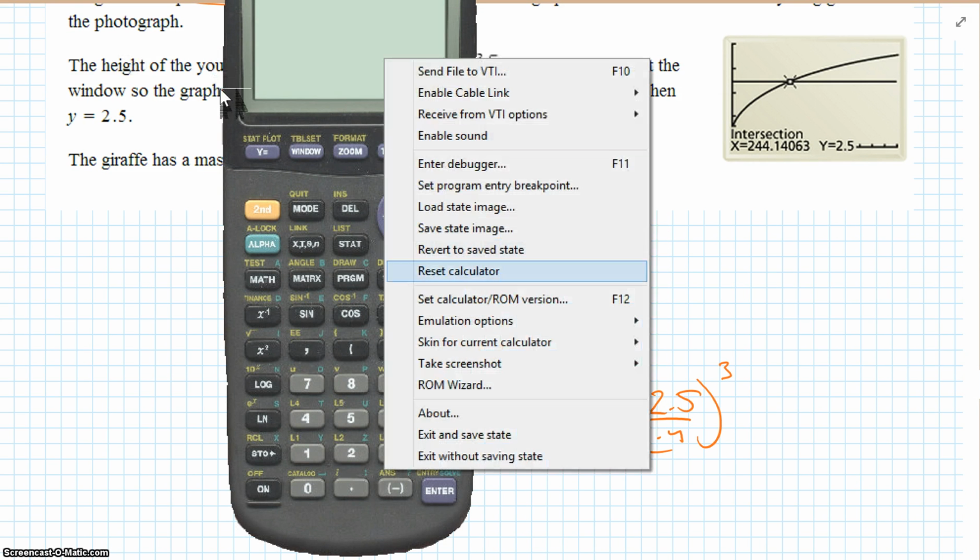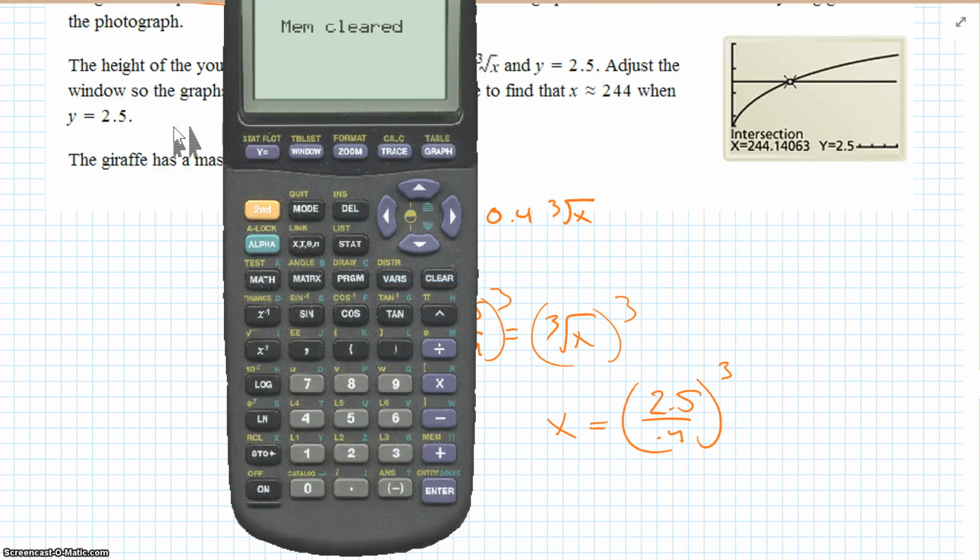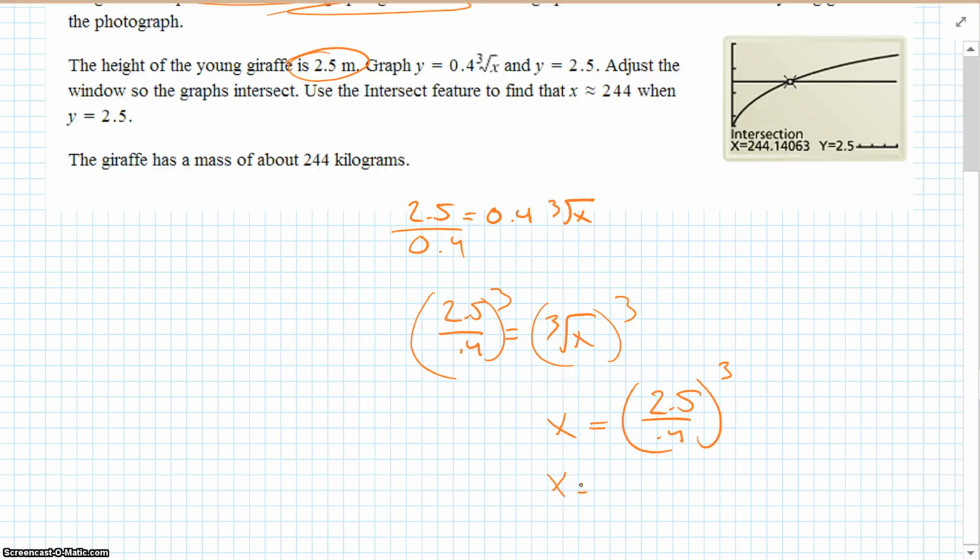So let's put some parentheses up. 2.5 divided by 0.4, cubed. 244.14. So x is going to be 244.14 kilograms.